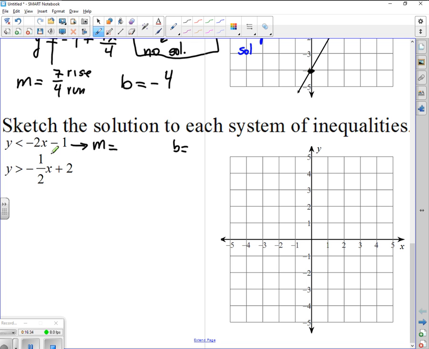The m will be -2, the number right next to the x, and the b will be -1. The m should be a fraction. If it's not a fraction, you make it a fraction. So this will be my rise, and this will be my run. So first, find the y-intercept.